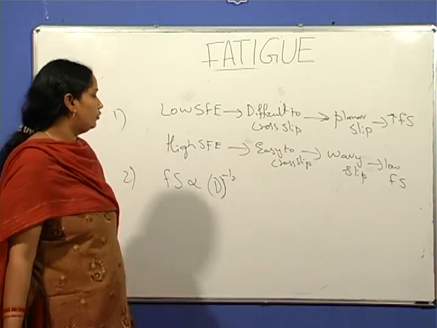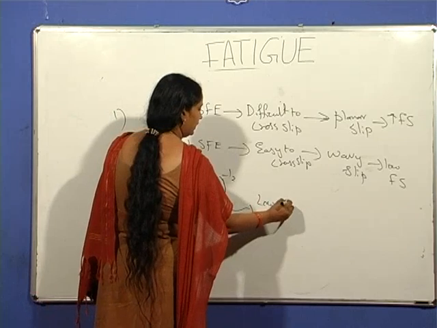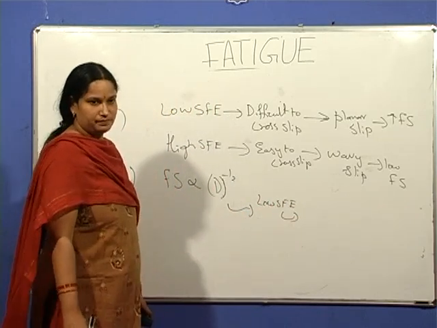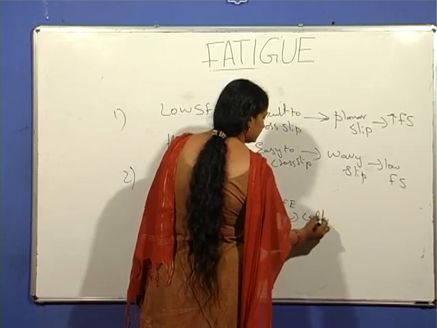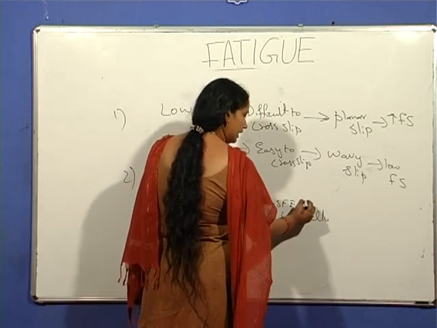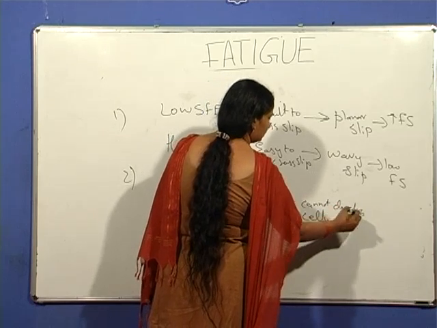But this is for the case of low stacking fault energy metals which do not develop a cellular structure. So this effect can be seen only for low stacking fault energy metals which cannot develop this cellular structure.